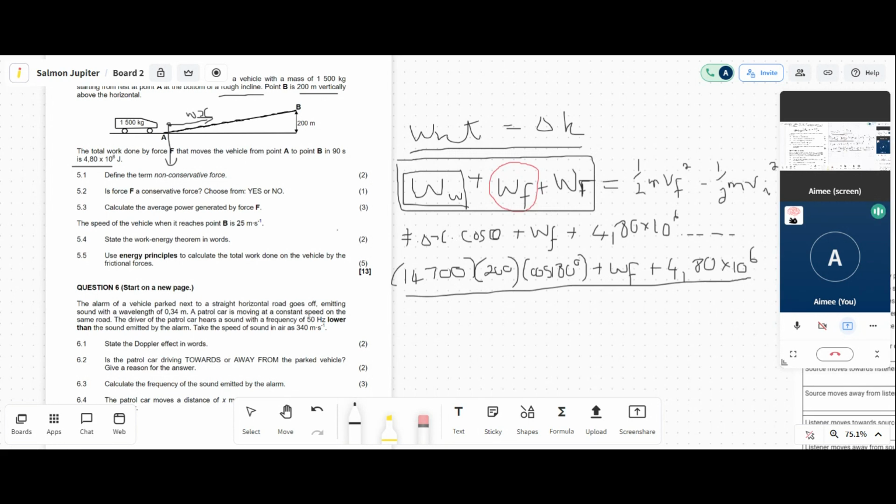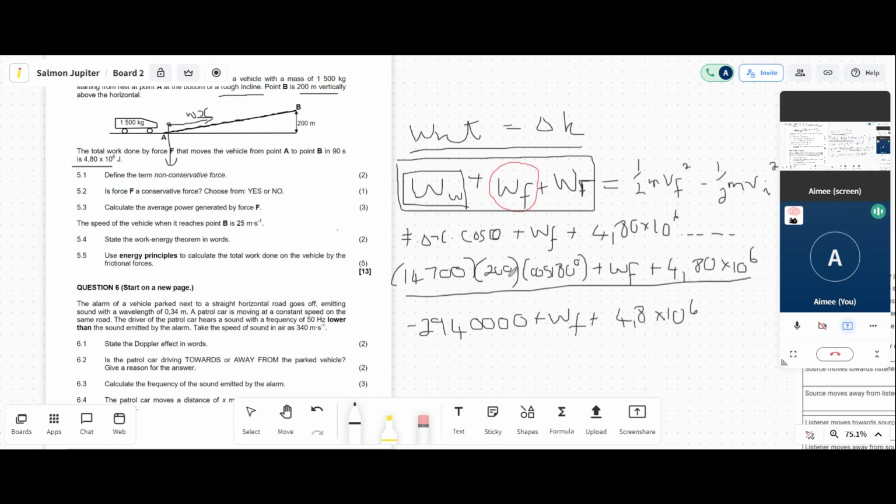Okay, so I'm going to plug that into the calculator so that I can get a working value. That gives me a working value of negative 294,000, plus the work done by friction, plus 4.8 times 10 to the power of 6. Remember, this is just the left-hand side of the equation.